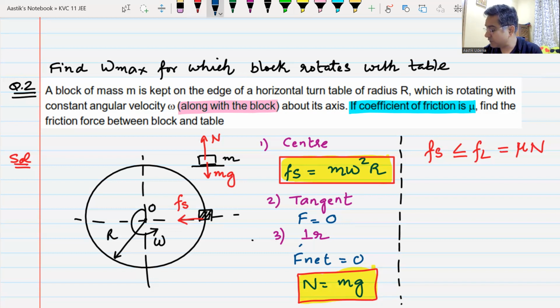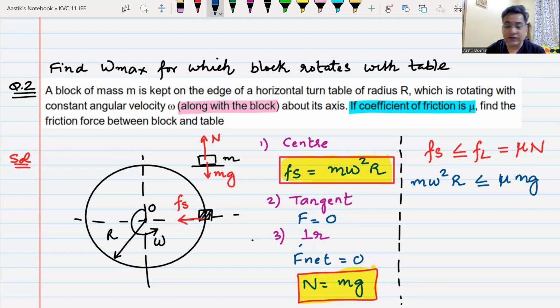What is the value of static friction that we are getting? The value of static friction is m omega square into r. That is the static friction that we require. This will always be less than or equal to mu into N. And N is already known as m into g.